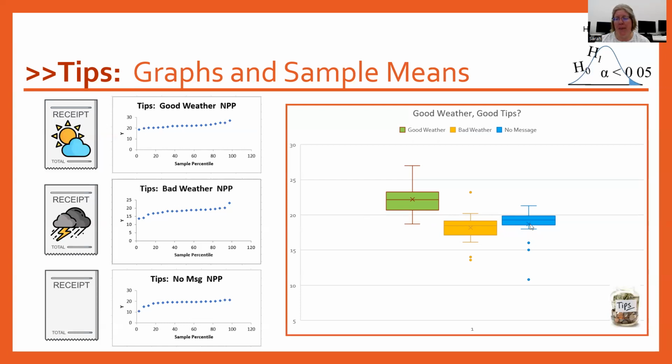So I would say that one's probably statistically significant. But if I compare the middle and the last graph, the bad weather and the no message, those X's look really, really close. So I would be surprised if we got a statistically significant difference between those two when we go to apply our two-sample t-test.